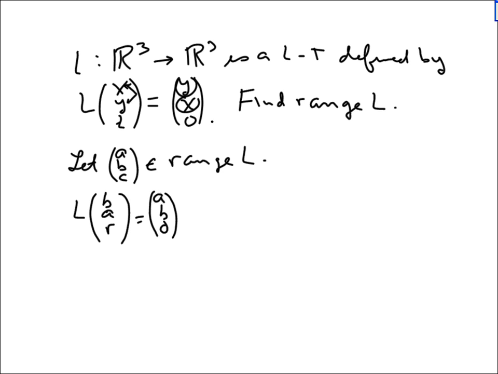That is, if I want to take, you have to think. First, you have to realize the range of L is going to have 0 in the last entry. Now, if you want to get 3, 4, just try 4, 3, anything, 11.